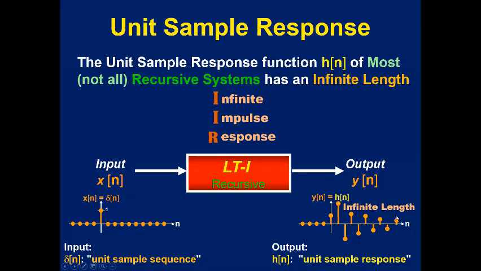And most, not every, but most recursive systems are IIR systems. There are a few exceptions. We can actually deliberately design some feedback recursive systems that have finite impulse responses. But for the most part, they are primarily IIR, infinite impulse response systems.